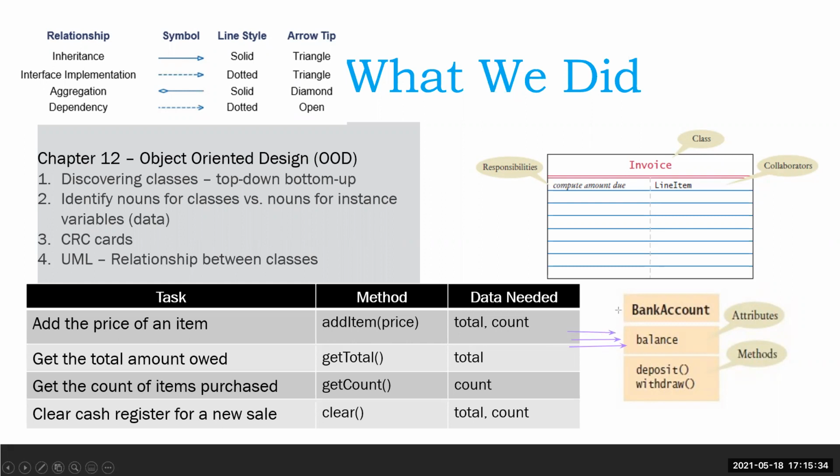Then I'm going to come up with a name that's going to describe these nouns. And then I'm going to put my verbs over here. That's bottom up. The top down, I'm going to create a form. I'm going to go top down. I'm going to find the tasks that I'm going to be doing. I'm going to create methods based on those tasks. I'm going to come up with my data. So it's going to be going the other way around.